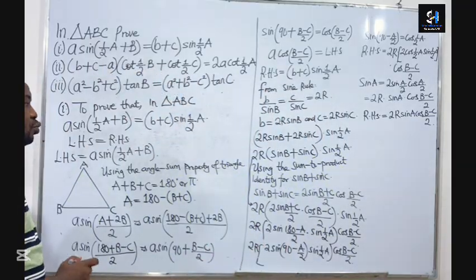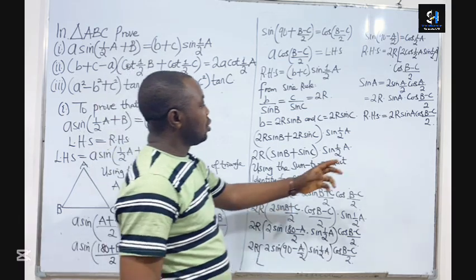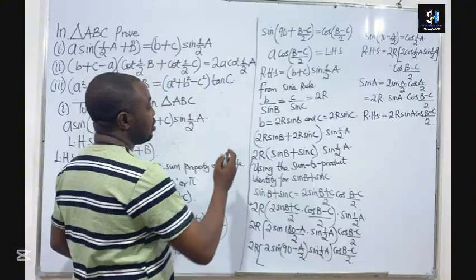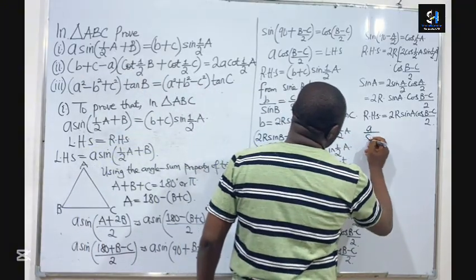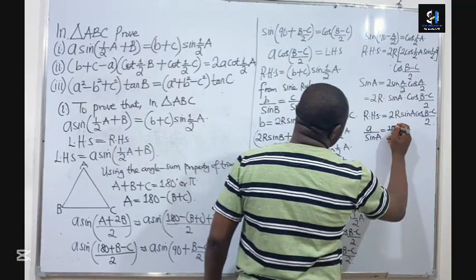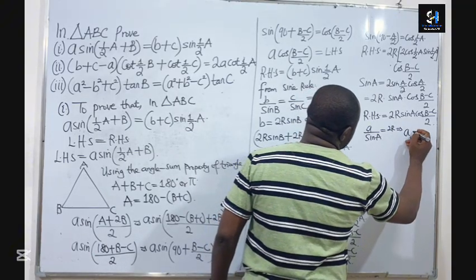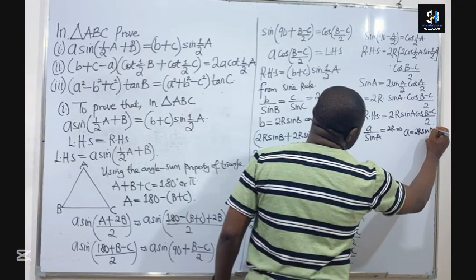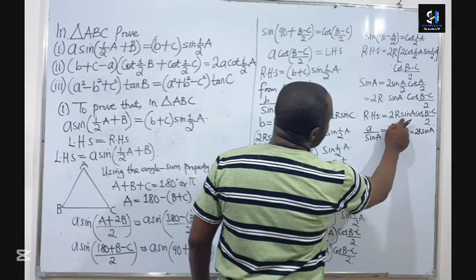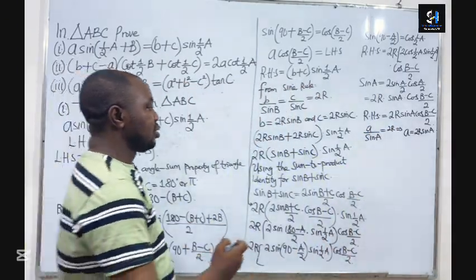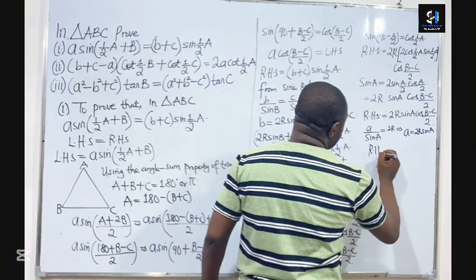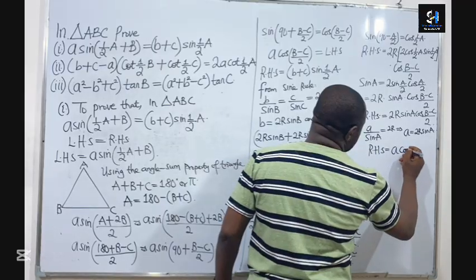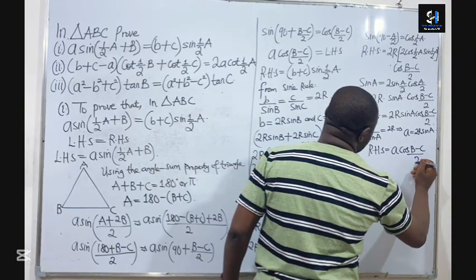And then we know that 2R sine A, using the sine rule, that is, A over sine A is equal to 2R, so A will be equal to 2R sine A. So 2R sine A is A, that is lowercase letter a. So the right hand side will be equal to A cos (B minus C) over 2.